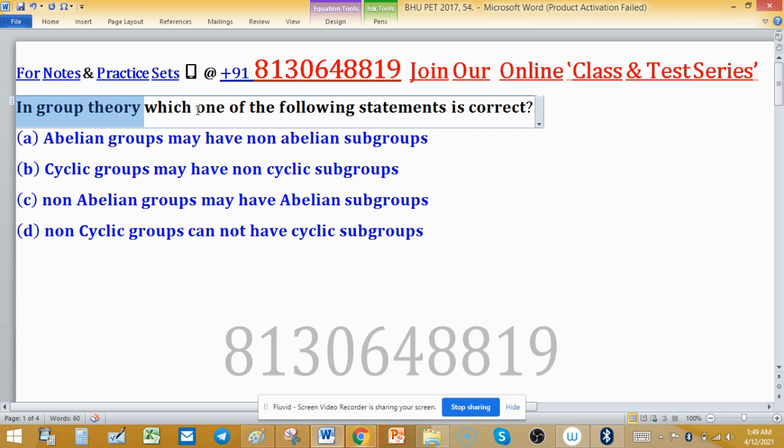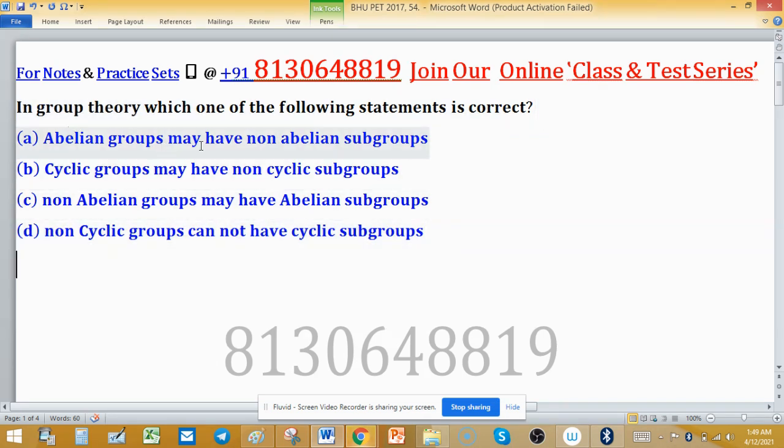In group theory, which one of the following statements is correct? Abelian groups may have non-abelian subgroups. If it is an abelian group, then the group and subgroup have the same binary operation. Also, the elements are coming from an abelian group, so they will satisfy the commutative property.